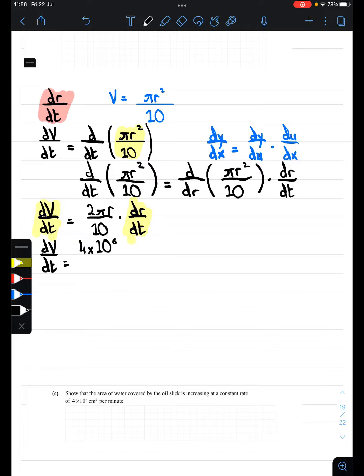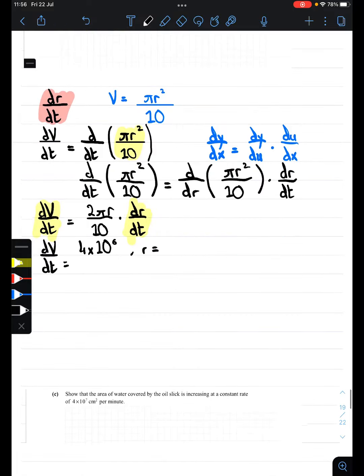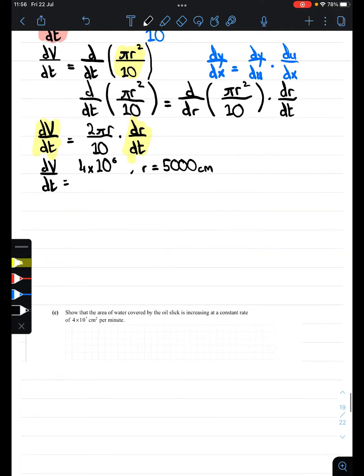Okay, and r is 50 meters, which is just the same as 50 by 100, 5,000 centimeters. Okay, so 4 by 10 to the 6 equals 2 pi 5,000 over 10 by dr dt.